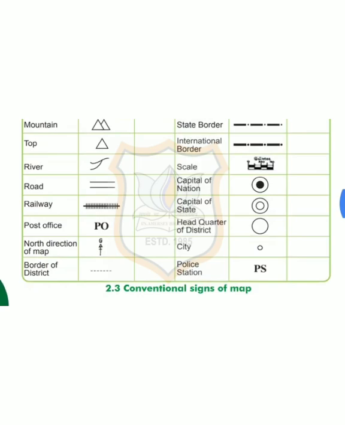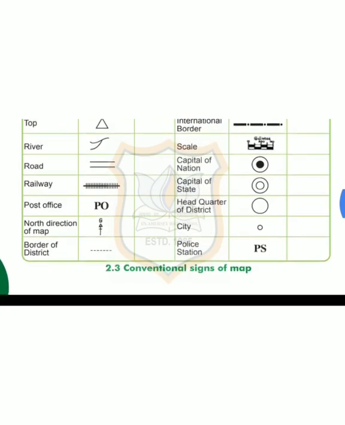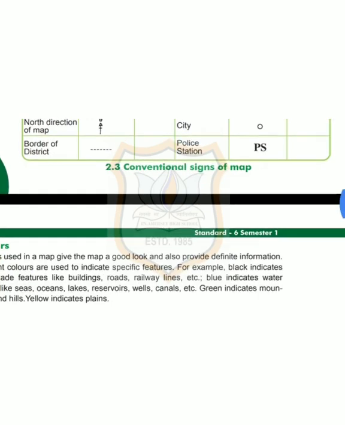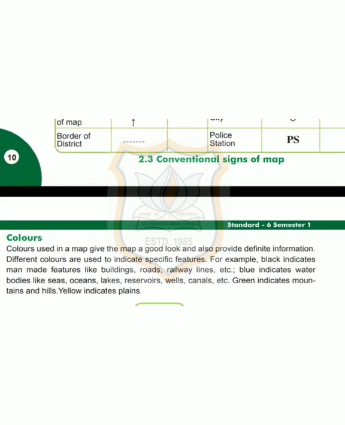Okay. Now the next topic, children, let me explain to you about different colors used in the map, which give a good look and also provide us specific features.